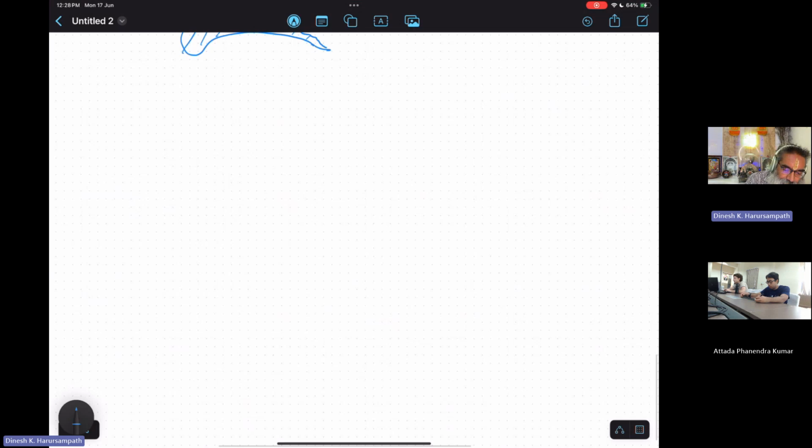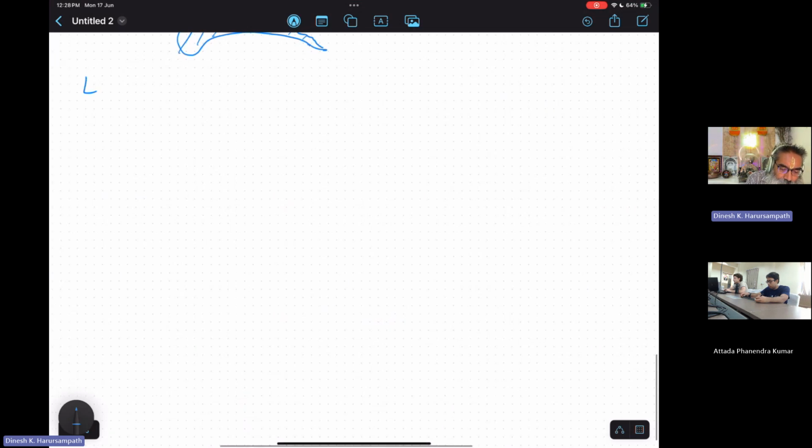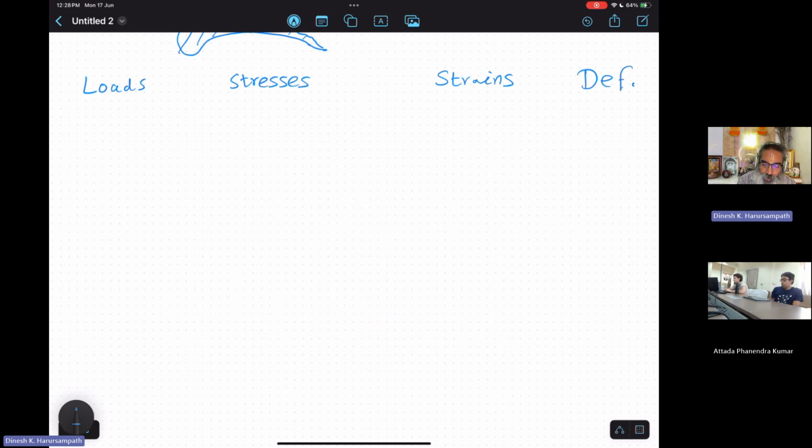So remember that we are talking of loads, stresses, strains, and the deformations. Okay. Now we take a very, very simple example where we are going to be talking of just a rod.